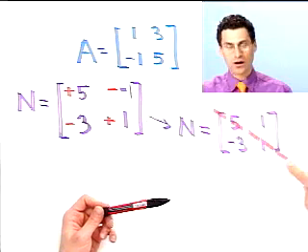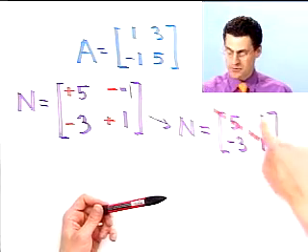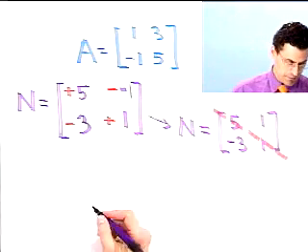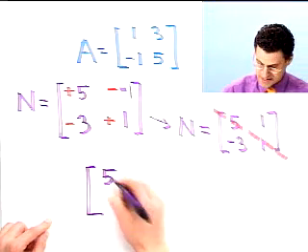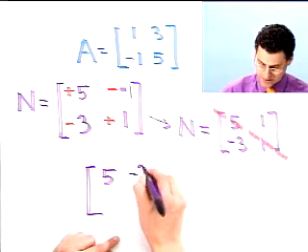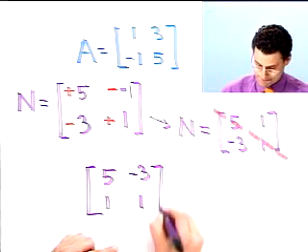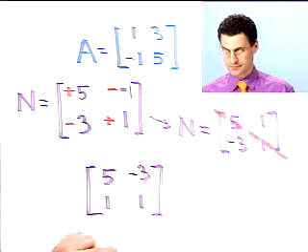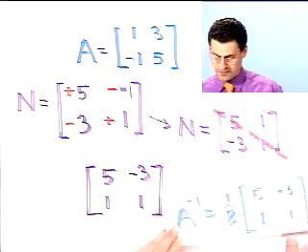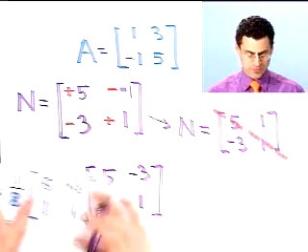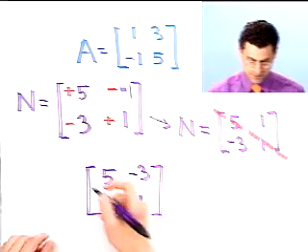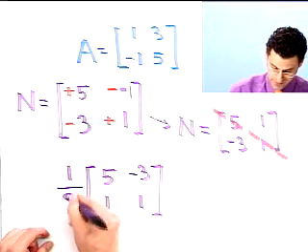So these don't move at all. This number would go here and that number would go here. Then I have a newer matrix, and it would look like this. This diagonal stays the same, but now I've got a minus 3 there, and a 1 here. And notice that matches up perfectly with this. So all I've got to do is put that 1 over the determinant in front, and I have the inverse.